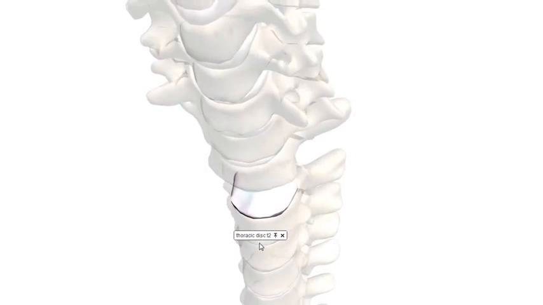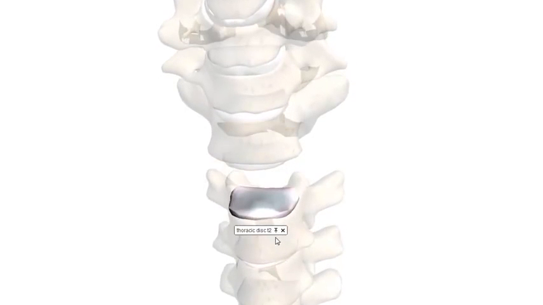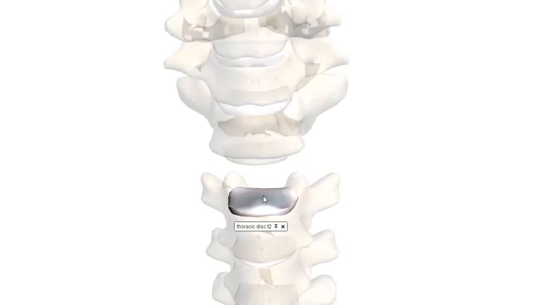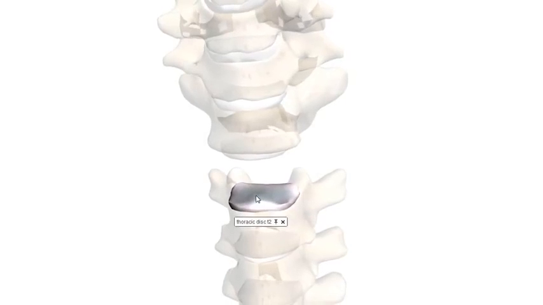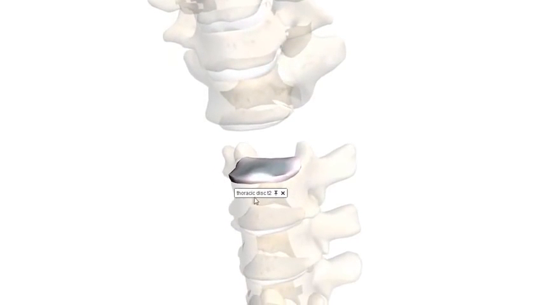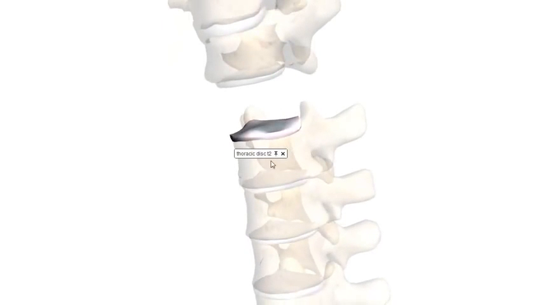It's not the best illustration, but basically you've got the outer annulus fibrosus, which is fibrocartilage, and then inside is the nucleus pulposus. So the annulus fibrosus contains the nucleus pulposus, which is a sort of soft jelly-like substance. And when you get a slipped disc, the nucleus pulposus herniates out through the annulus fibrosus, and it can press on the spinal nerves, which gives rise to symptoms. And when you get this in the lumbar region, you can get sciatica.